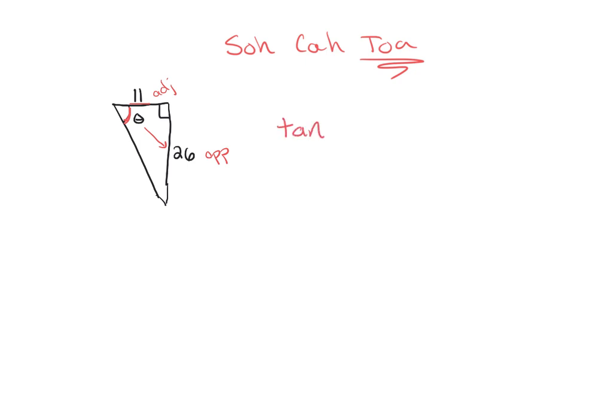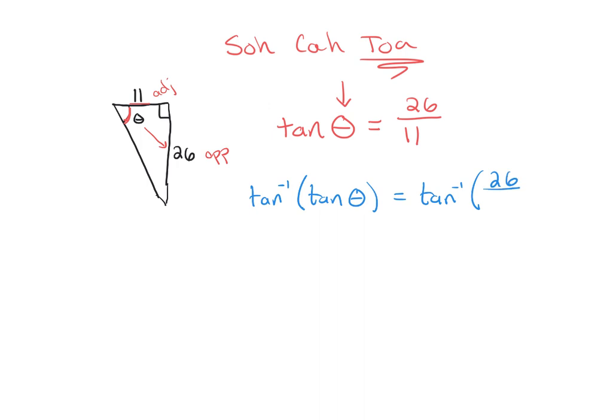So tan of your angle is equal to opposite over adjacent, and we're solving for theta. If we do the inverse tan on both sides, these cancel out and you will isolate the angle. Then you can just type this in your calculator, make sure you're in degree mode, and you will get about 67 degrees.